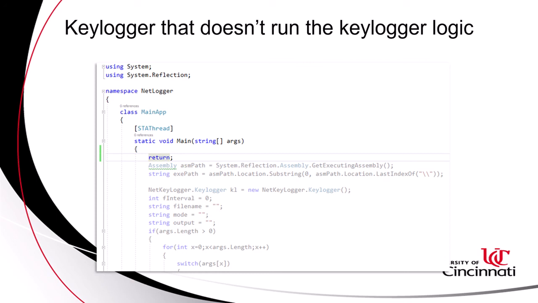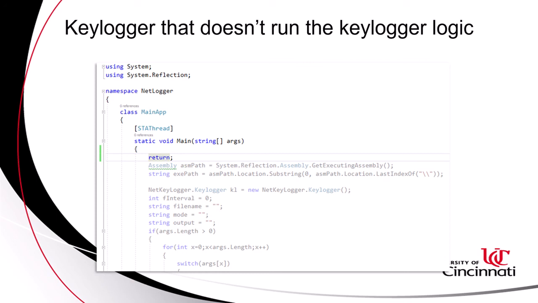So the logic is there, and as a programmer, I will tell you that because I don't go down a code path doesn't mean I won't eventually go down that code path under some other circumstances. So people who program viruses are very, very tricky, and they will find a way to get that code executed in some sideways or backdoor fashion. But here I'm just illustrating, look, here's a bunch of code that behaves like a keylogger, but I'm not executing that code.